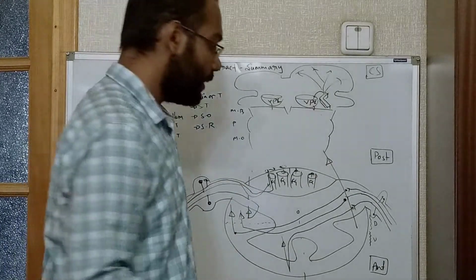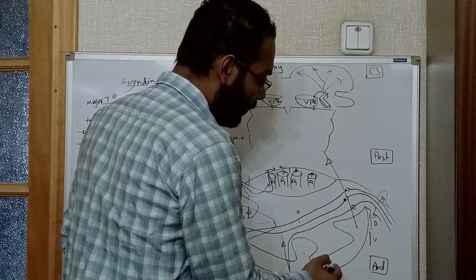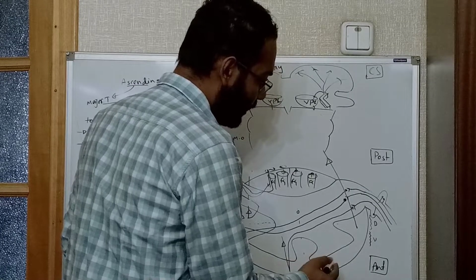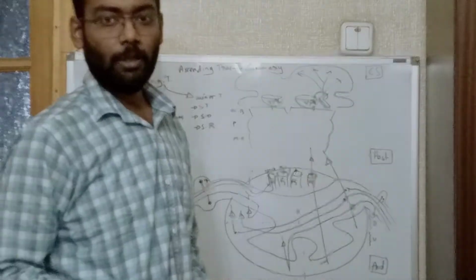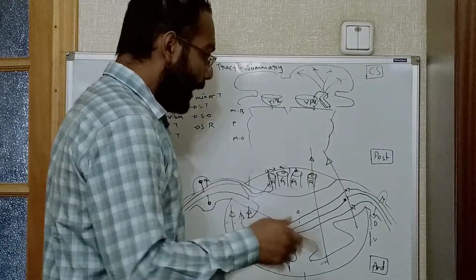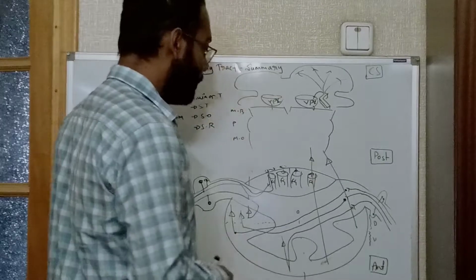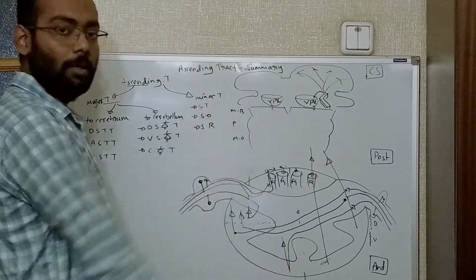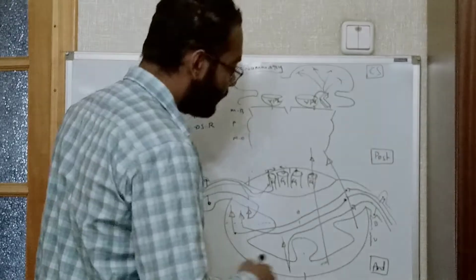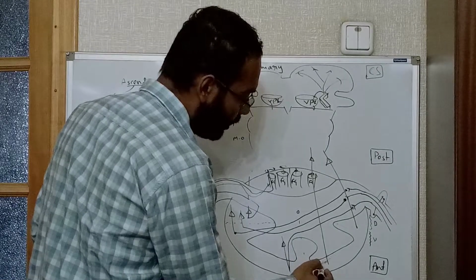The lateral spinothalamic tract. And from the anterior spinothalamic tract, second order neurons are coming like this. And one thing you can remember, in the minor tracts there is one spinotectal tract, which also comes from the anterior white column like this.